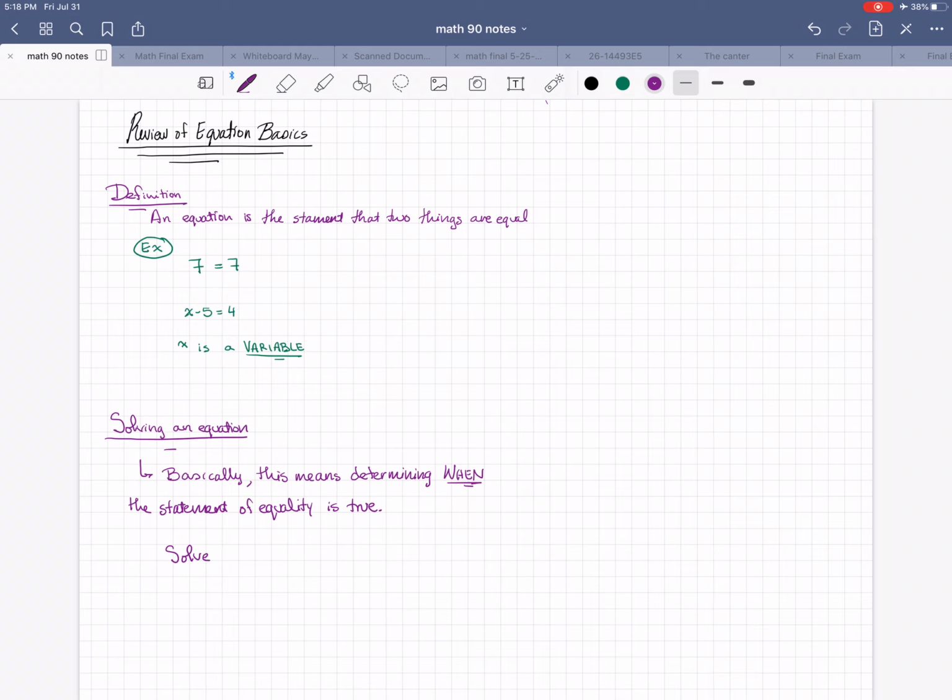So let's look at a little example here. To solve the equation x minus 5 equals 4, what you're doing is you're asking, what is a value of x for which x minus 5 would be 4?